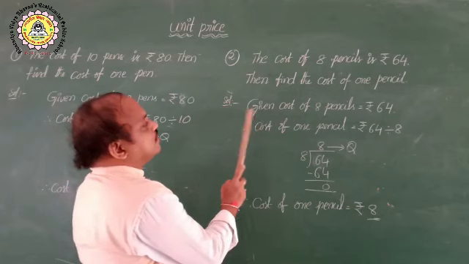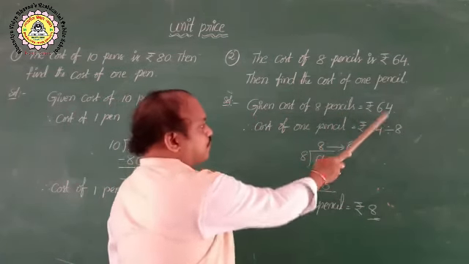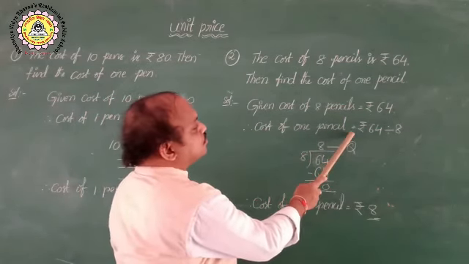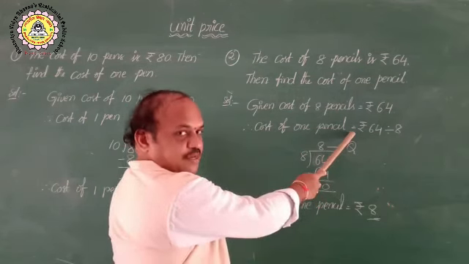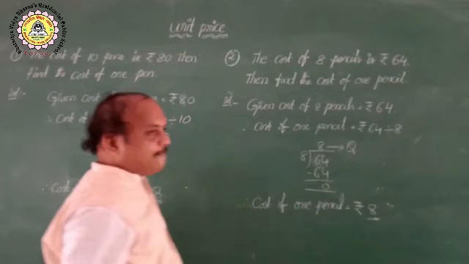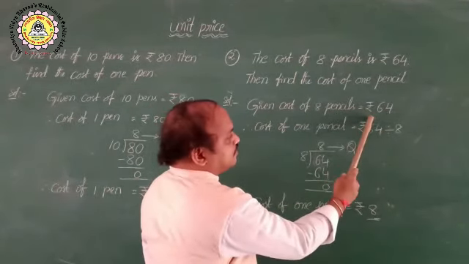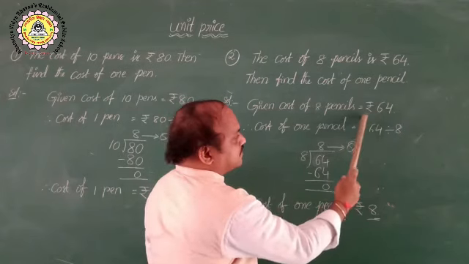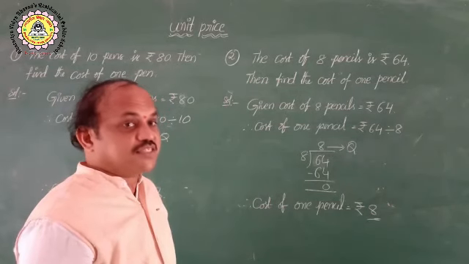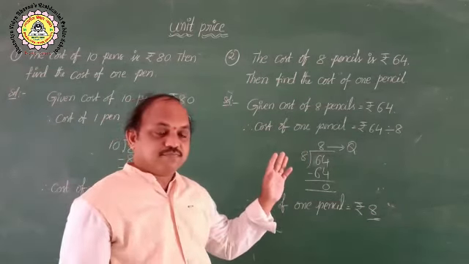See solution. Given cost of 8 pencils is equal to rupees 64. Therefore, cost of 1 pencil is equal to, as in the previous sum, rupees 64 divided by 8. Here again I am explaining like the previous sum. Why did I write rupees 64 divided by 8? That one is very important. You should understand why I am dividing 64 by 8.